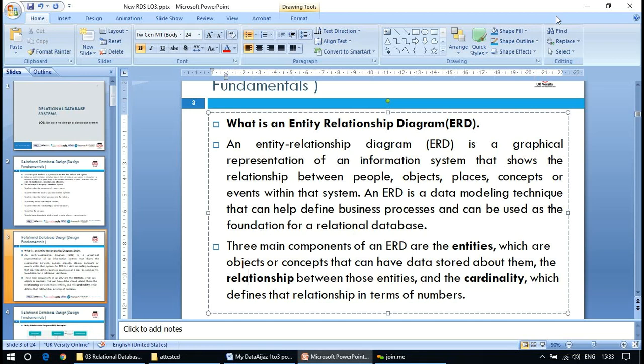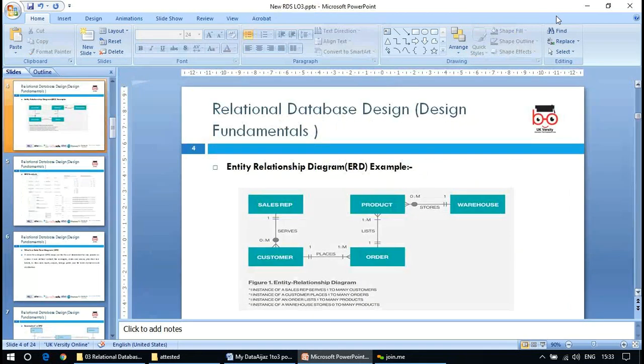Like one student can enroll in maybe more courses. If you recall, we had discussed the relationships already in the last lecture. So it's about them. So ERD is the entity relationship diagram.